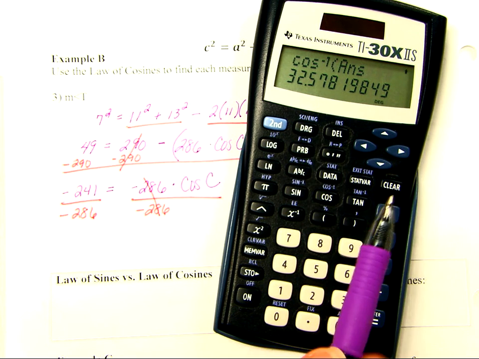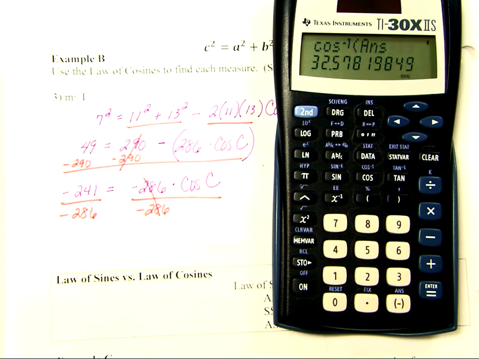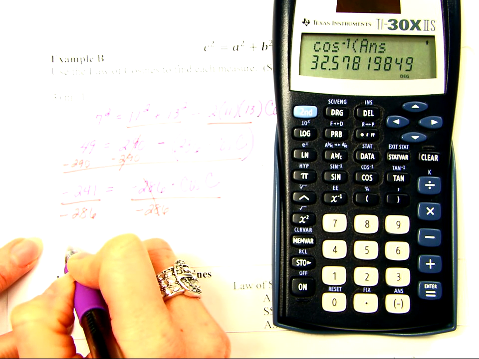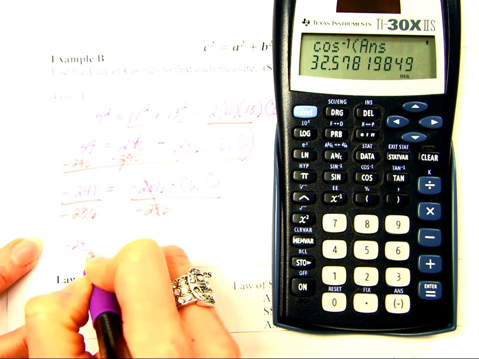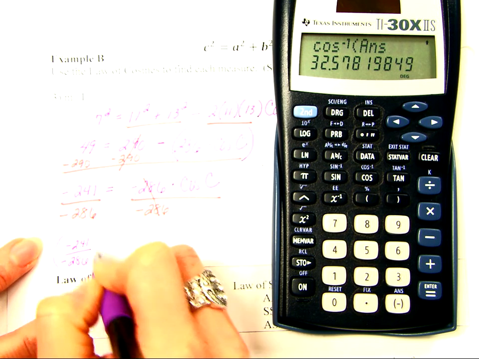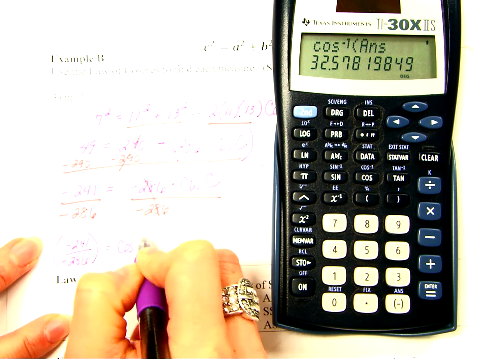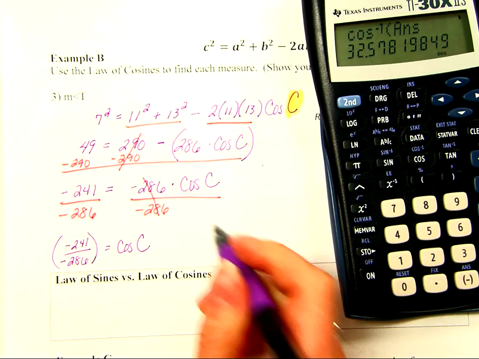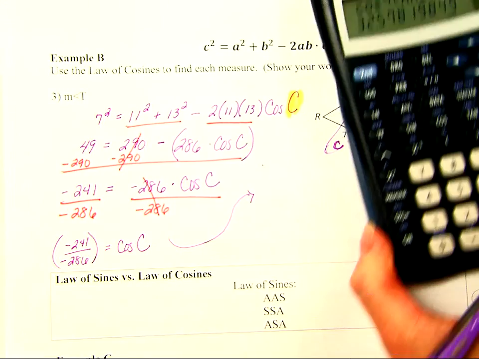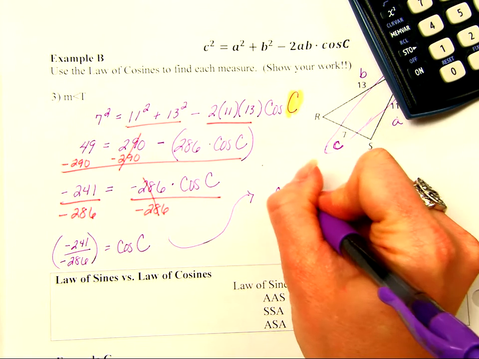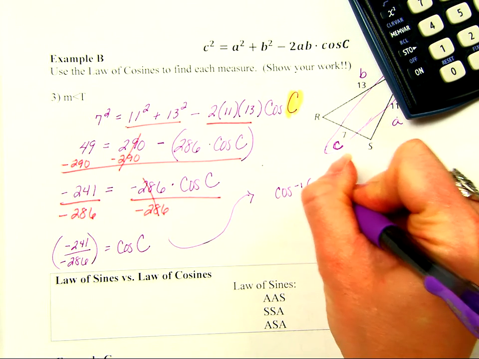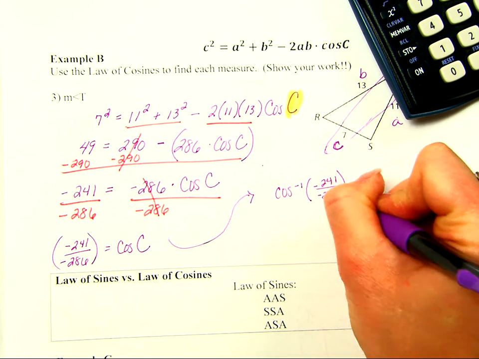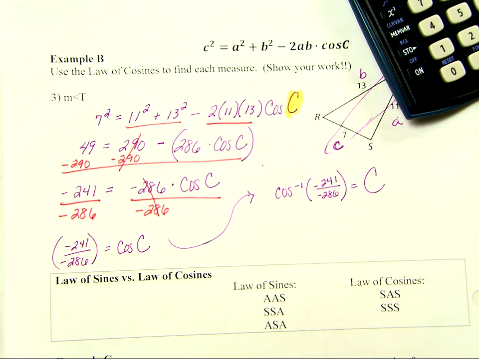About 32.6. Now, on my paper here, what I'm going to write is that negative 241 divided by negative 286 is the cosine of C. And so in order to find that angle measure, what we did was we took the inverse cosine. Of course, we kept that decimal on our calculator.